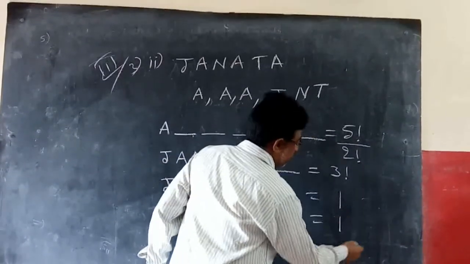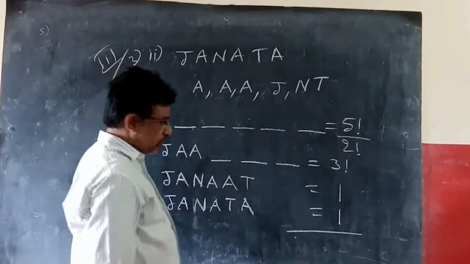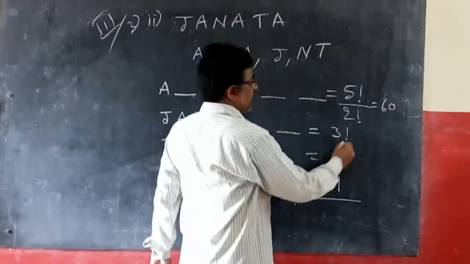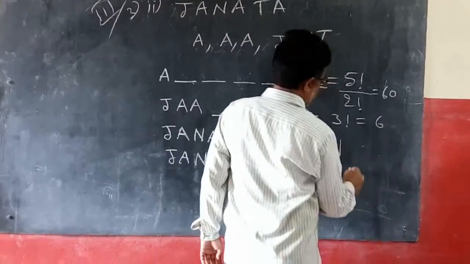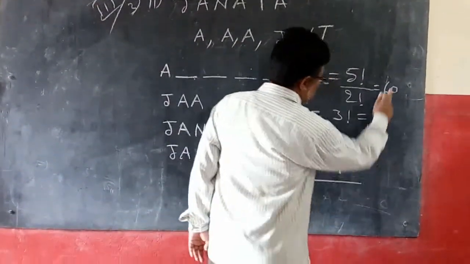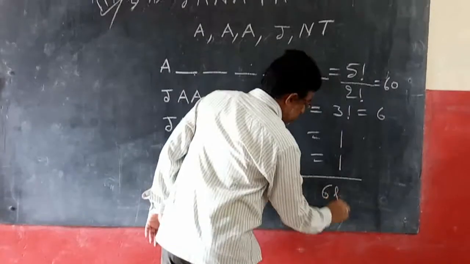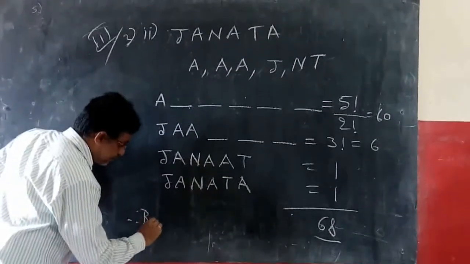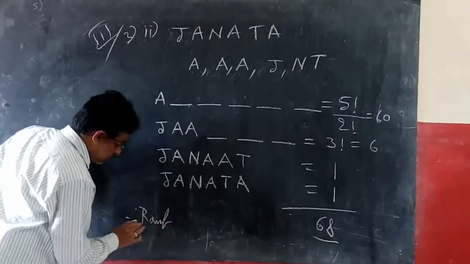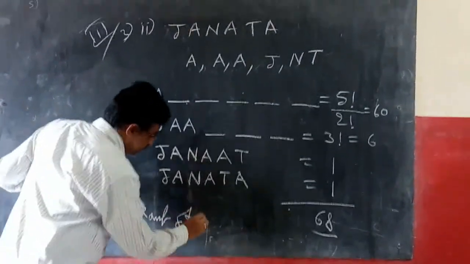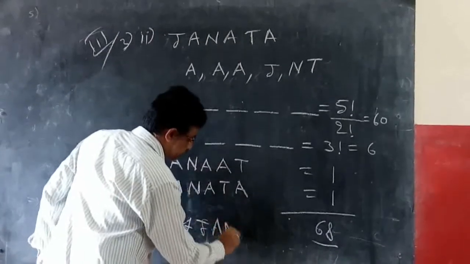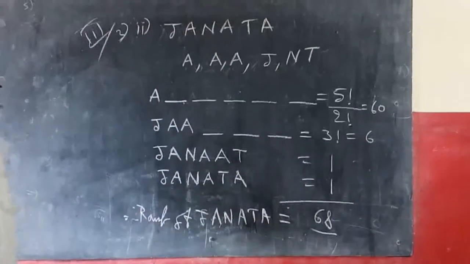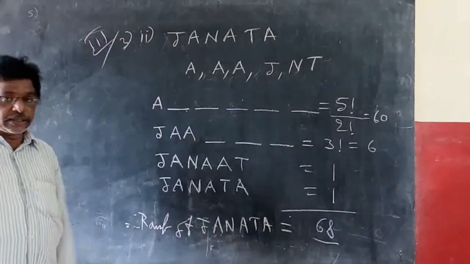So the total number of ways is 5 factorial by 2, which is 60, plus 3 factorial, which is 6, plus 1, plus 1. So 66 plus 2 is 68. Therefore, the rank of Janata is 68.